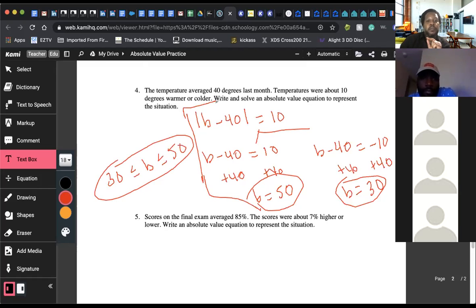Yes, B is in the middle and you write the range of temperature. Very good. You guys are doing well. I thought this was going to trip you up, but this is very, very good.